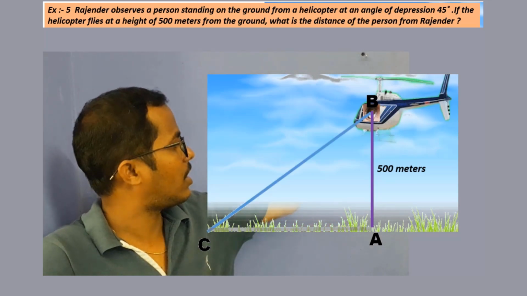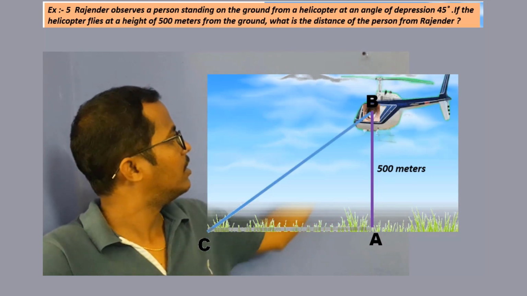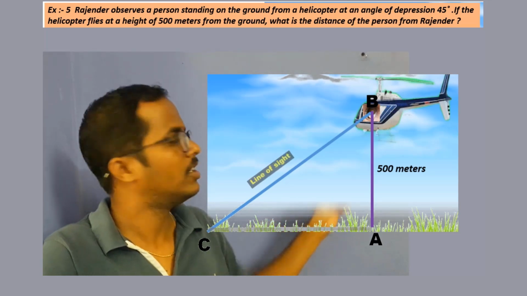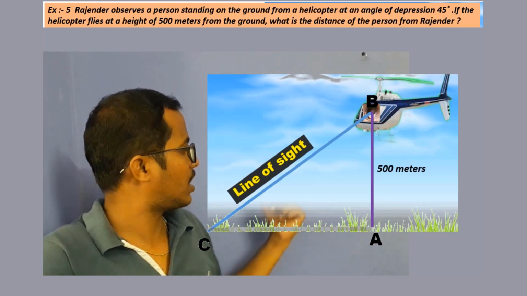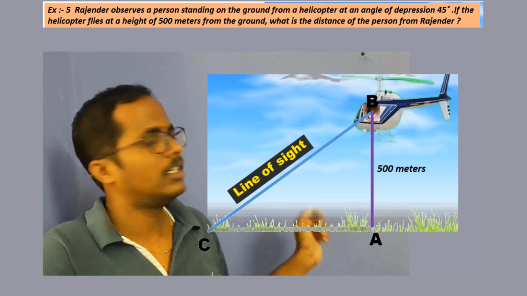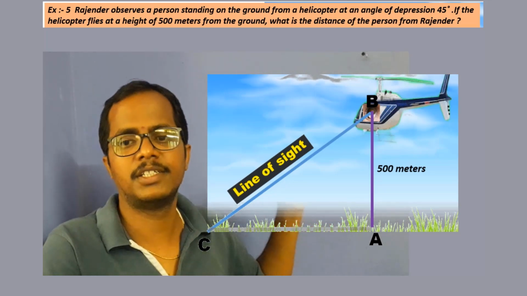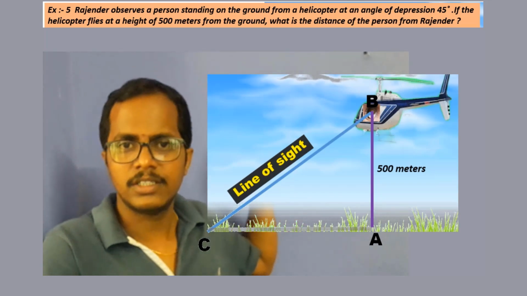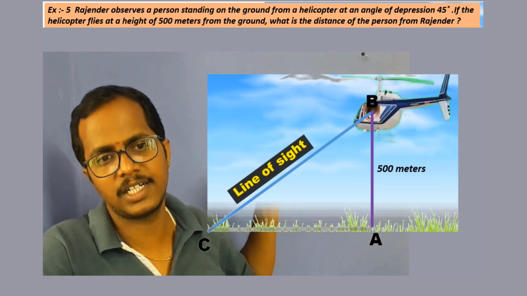So join Rajendra to that person, and that line segment is known as the line of sight. So from the observer, we need to draw the line of sight to the observing point. So BC is the line of sight. And we need to draw one more line from the observer, that is the horizontal line.